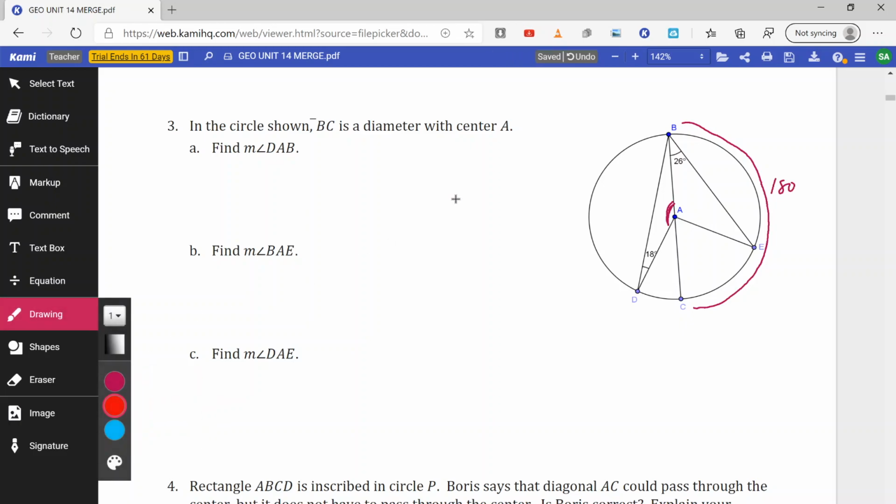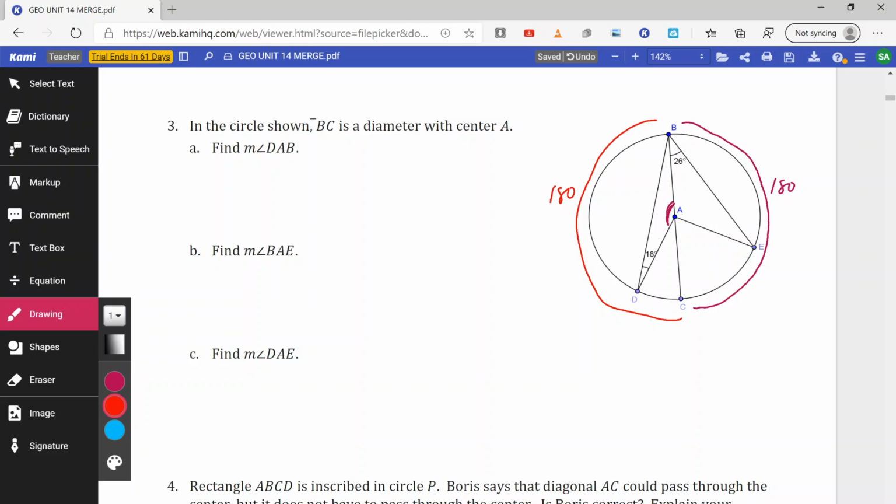We also know conversely the other way around, BDC is also 180 degrees. Now what we do need to figure out is some pieces that we don't have.